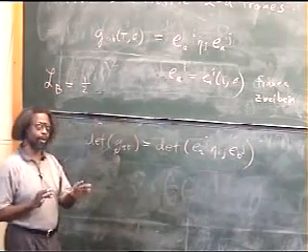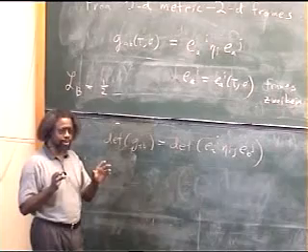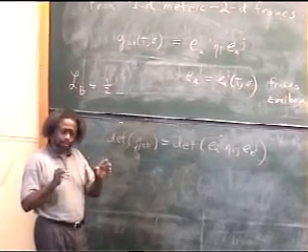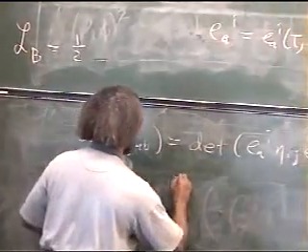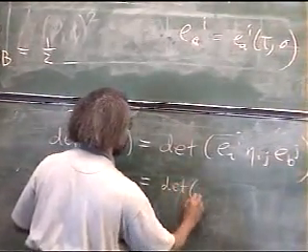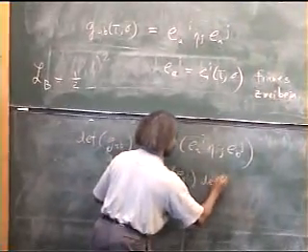But what is the property of determinants? If you take a determinant of products of matrices, it's equal to the product of the determinant of each matrix. So this thing is equal to the determinant of e_a^i times the determinant.